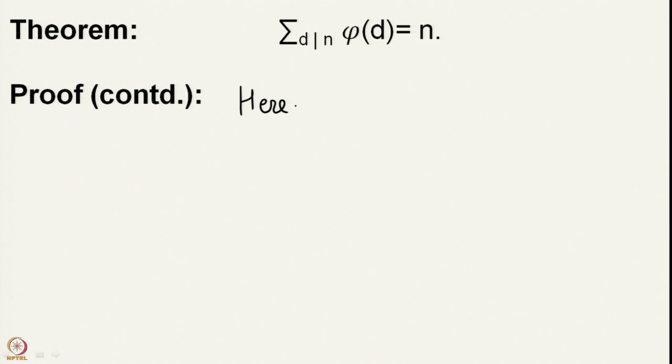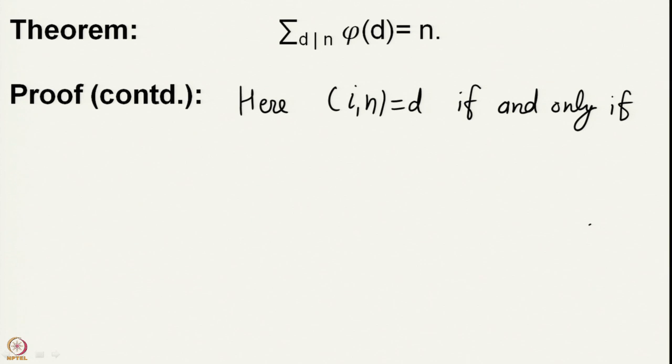So, here GCD of i comma n is d if and only if GCD of i by d and n by d is 1. This is one very basic thing which we have used quite a few times already.